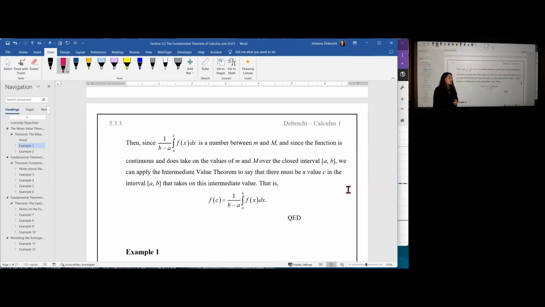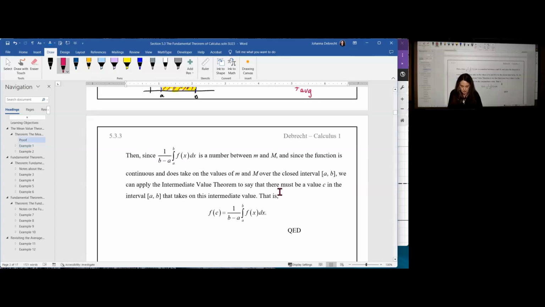And because it is a continuous function, that value has to be taken on at some point c in the interval. And this proves what we were trying to say, that when you have a function that is continuous and integrable over a closed bounded interval, it does take on the average value at some point.